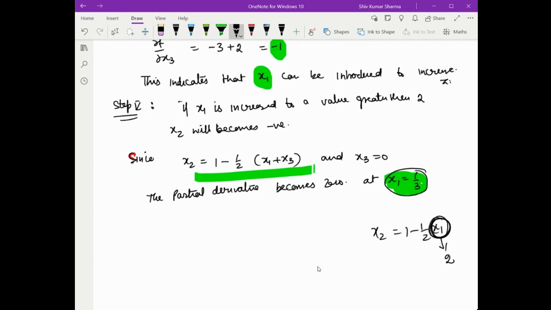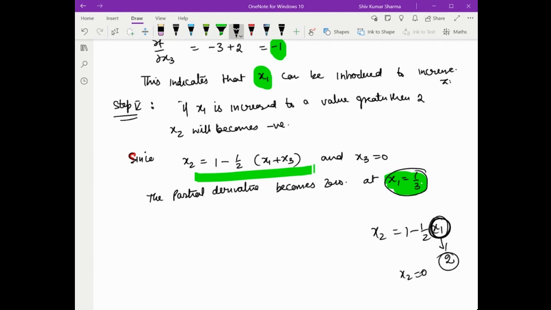So when we put x1 equal to 2, x2 gives us 0. So the maximum value you can put is x1 equal to 2, so x2 gives us 0. When you increase the value of x1, so 2, 2.5, 3, 4, 5, and so on, x2 will be negative. So when we increase x1, x2 becomes negative.